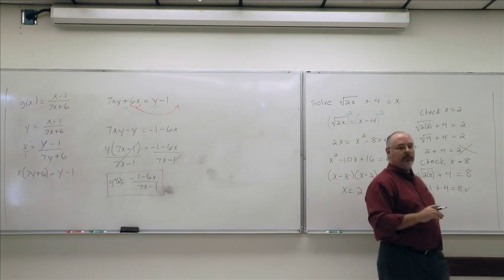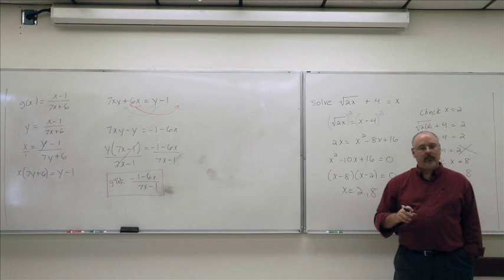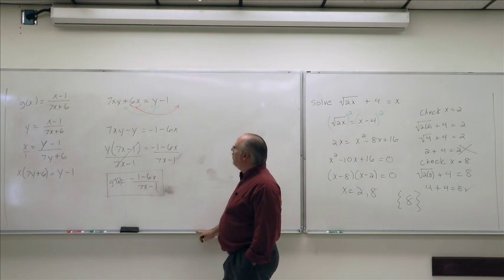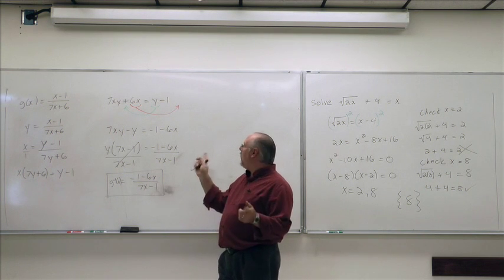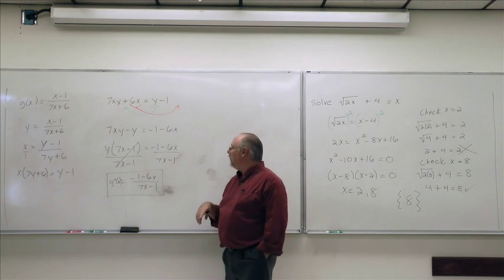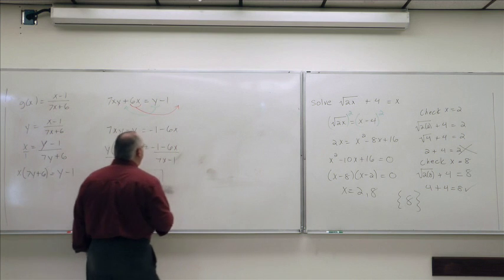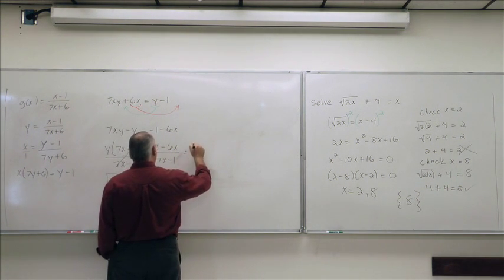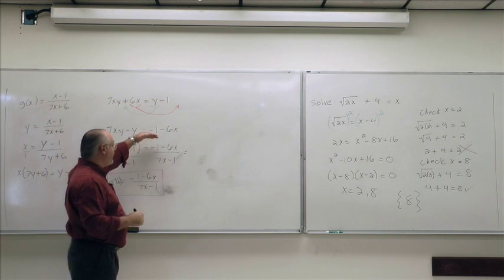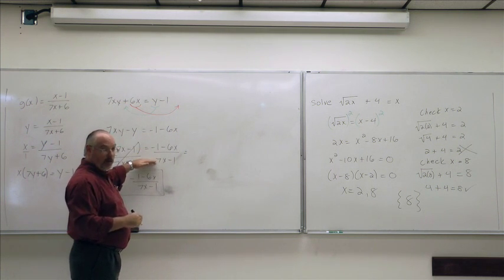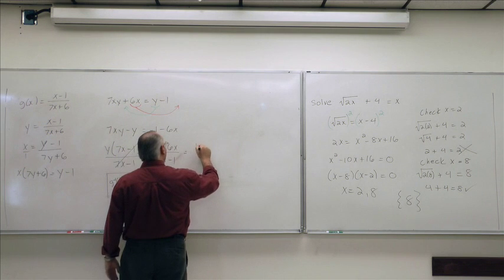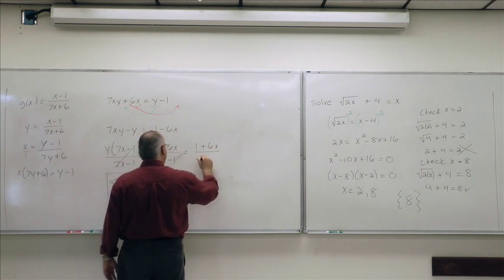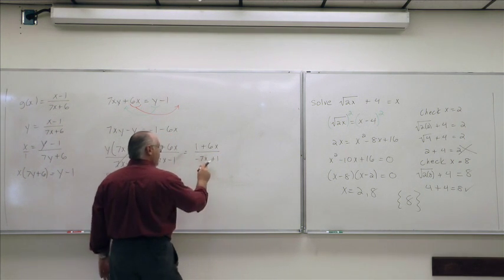Couldn't you have done, when you did the first part where you put y on the other side, could you have subtracted the 7xy? Yes, I could have moved them either way. It wouldn't make a difference. Everything would have been positive if you did it the other way. If you think of multiplying the numerator and denominator by negative 1, you'd have a positive 1, positive 6x, and a negative 7x and a positive 1.